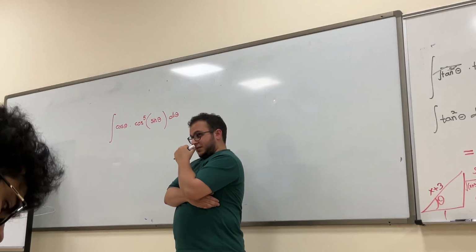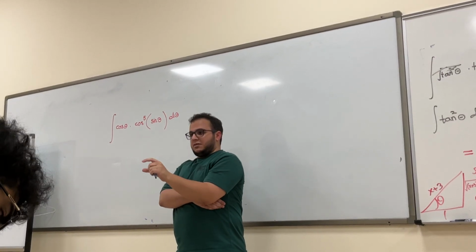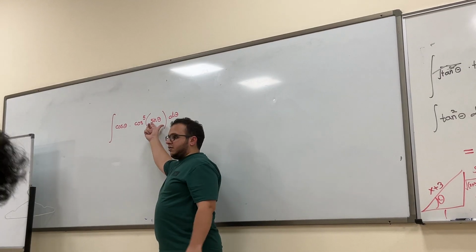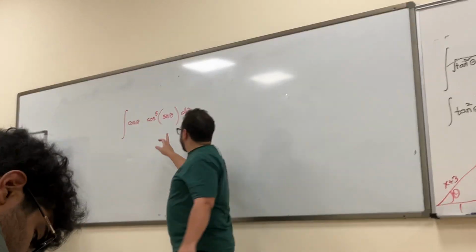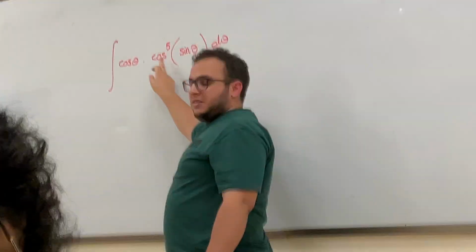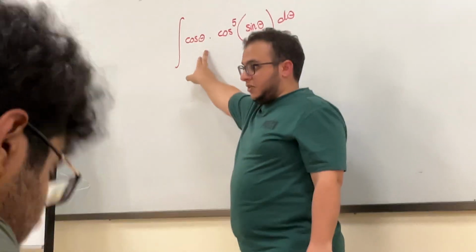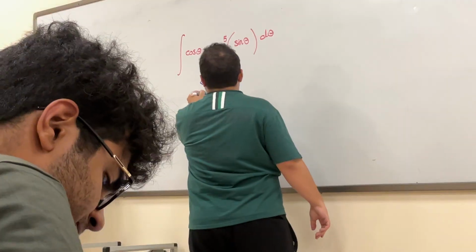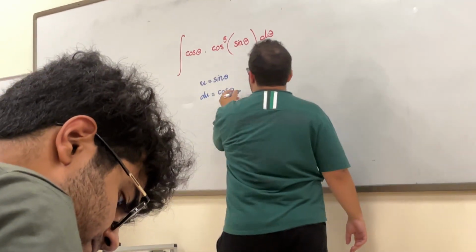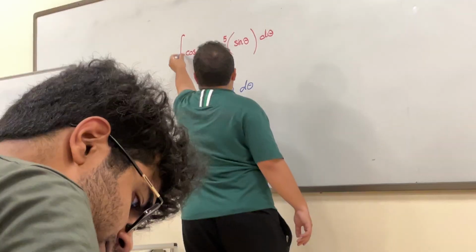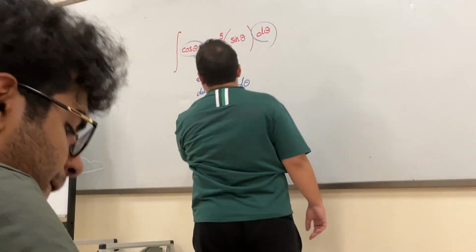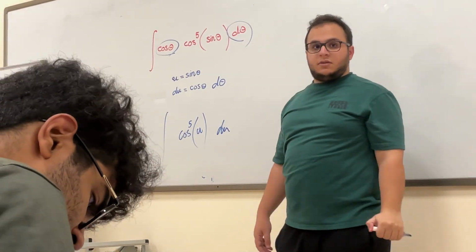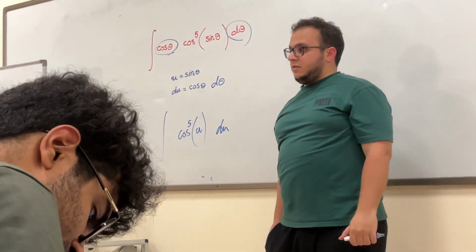Yes. You know, we used to deal with trig functions where the angle is just theta, not sine theta. So I need to get rid of this somehow. I can see a function with exactly its derivative. Does that make sense? Yes. So u equals sine theta and then du equals cosine theta d theta, right? Cosine theta d theta is du, and then cosine to the fifth of u, right? Does that make sense? Then what?